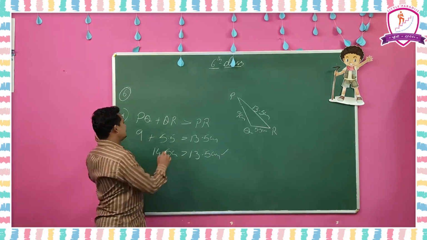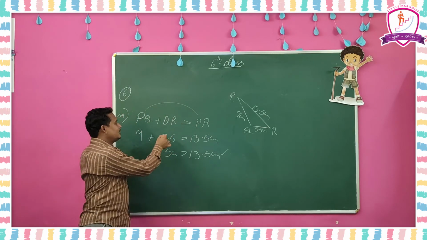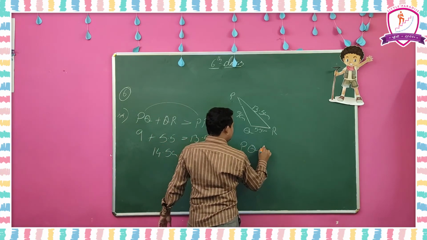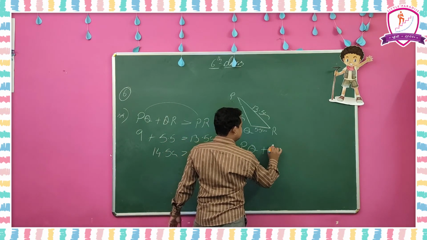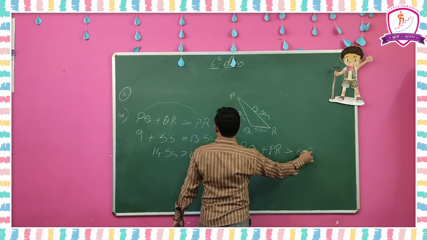Like that, take another two sides and add them; the sum must be greater than the third side QR. PQ plus PR must be greater than QR.